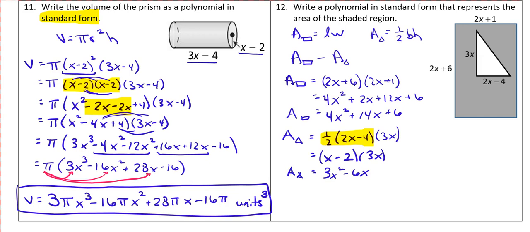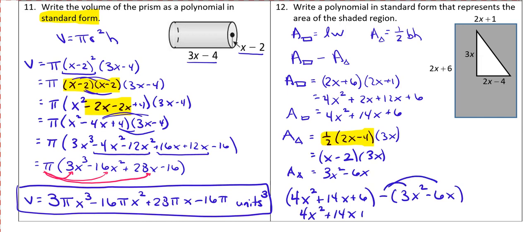And so now I'm going to take my area of my rectangle. So I'm going to take that 4x squared plus 14x plus 6, and I'm going to subtract from it the 3x squared minus the 6x. Now again, you need to make sure that you distribute that negative. So 4x squared plus 14x plus 6 is fine, but minus 3x squared plus 6x.